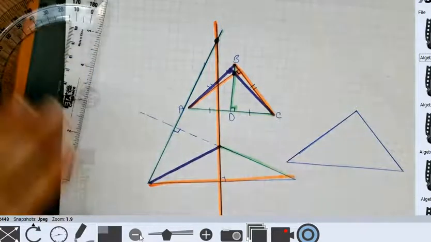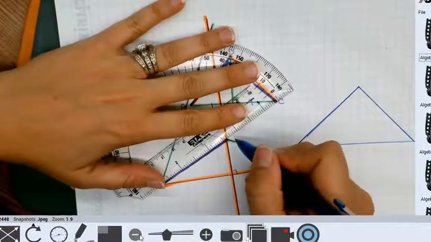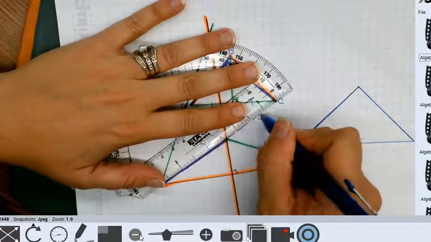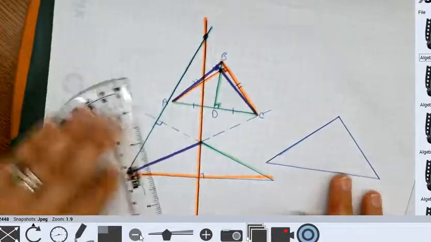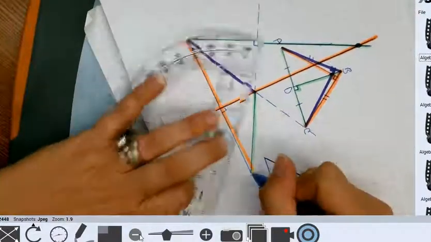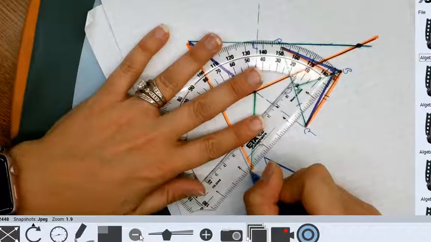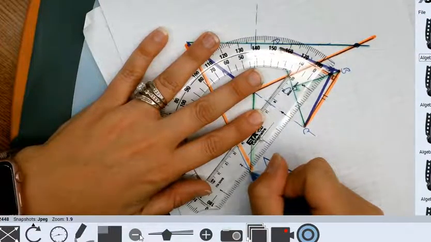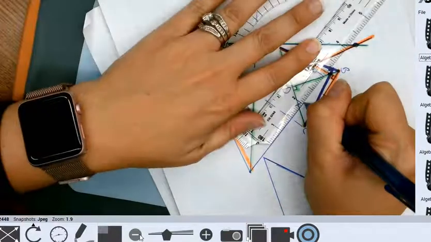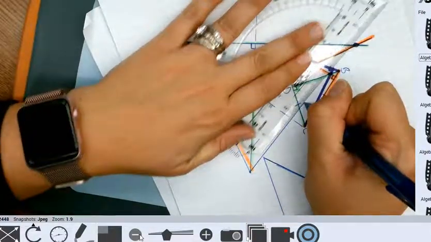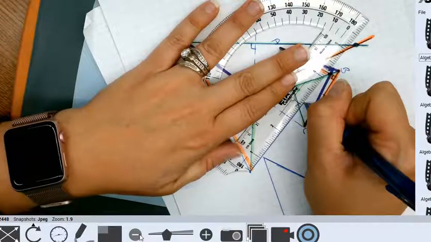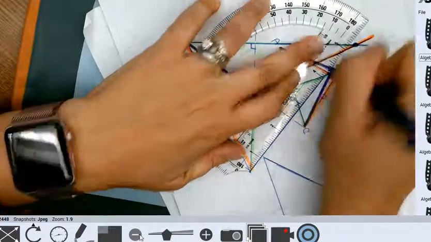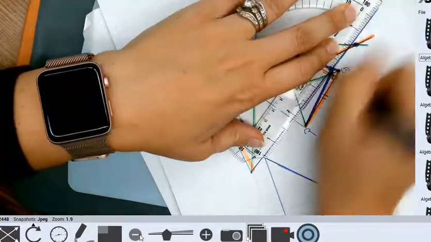So we're going to have to extend this dude out. We're going from over here. I'm slightly off. Oops, I can't even draw.